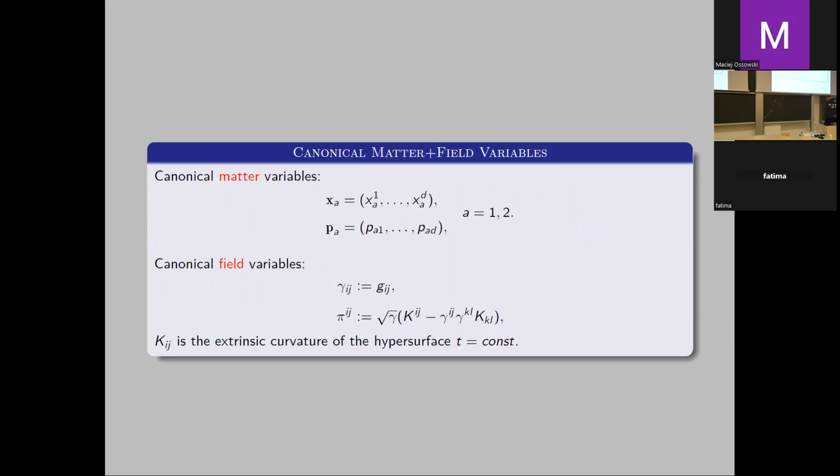Canonical variables in the theory are matter variables and field variables describing the evolution of the gravitational field. As matter variables, we have just positions and momenta, as usual. Field variables consist of, again, the space part of the D-dimensional metric, and its conjugate, the field momentum, can be expressed in terms of the K_ij tensor, which is the extrinsic curvature of the constant time slices in the space-time.